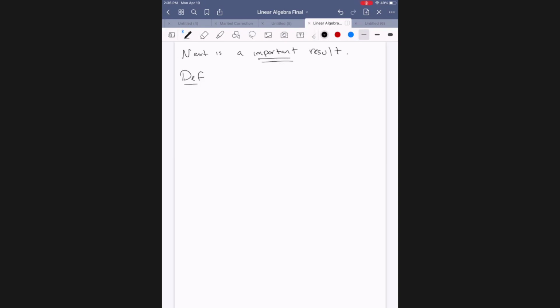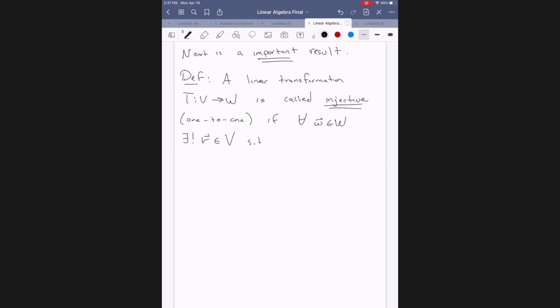So definition: a linear transformation T from V to W is called injective or one-to-one if for every w in W, there exists a unique v in V such that T of v is equal to w.